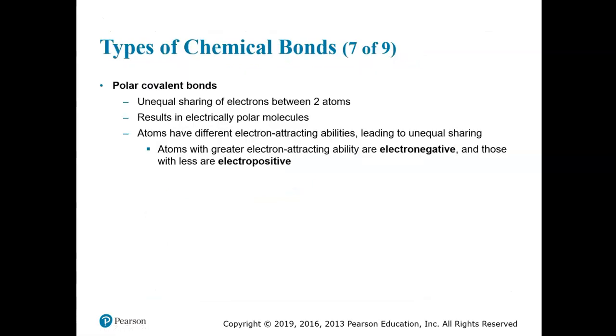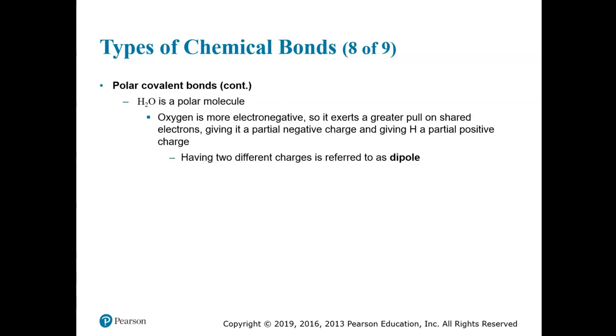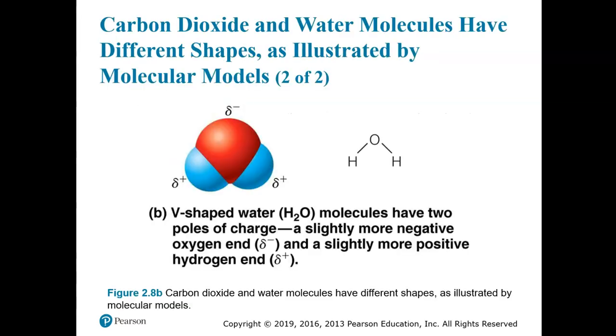So polar covalent bonds form when the electrons are shared unequally. One of the atoms has a stronger pull or hold on those electrons. So if we look at water, oxygen is going to share an electron with each of two hydrogen atoms, but the oxygen atom has a stronger pull on those shared electrons, and it makes it have a slightly negative charge.